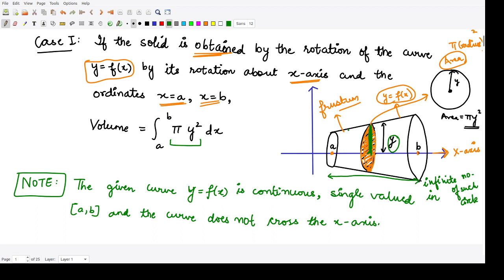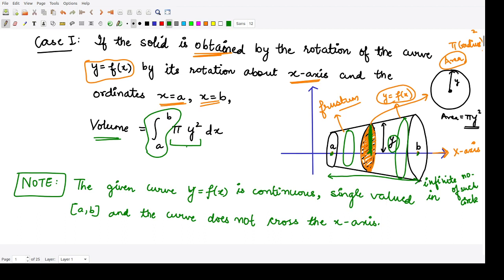You take the area of this disk, then this disk, and so on, every disk lying between the points a and b. Because the disks are very close to each other, instead of summing them we perform integration. So it is the integration from a to b of pi y square dx.